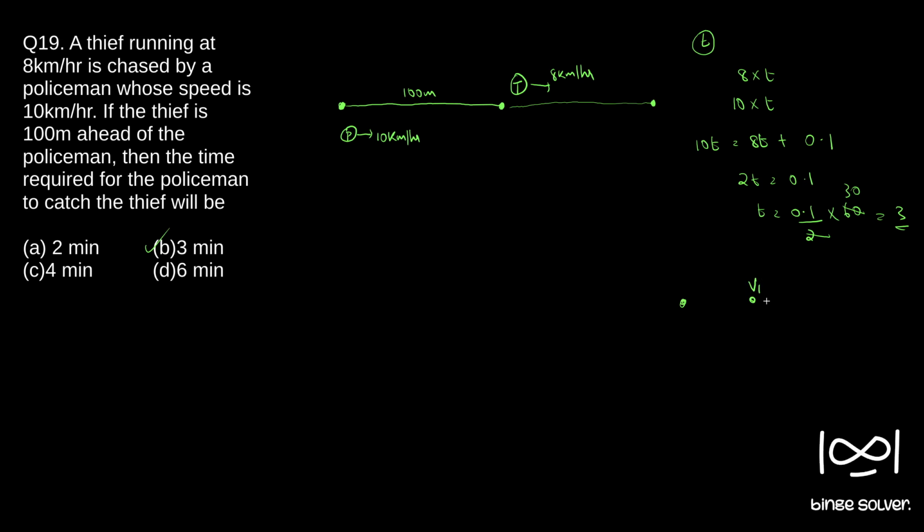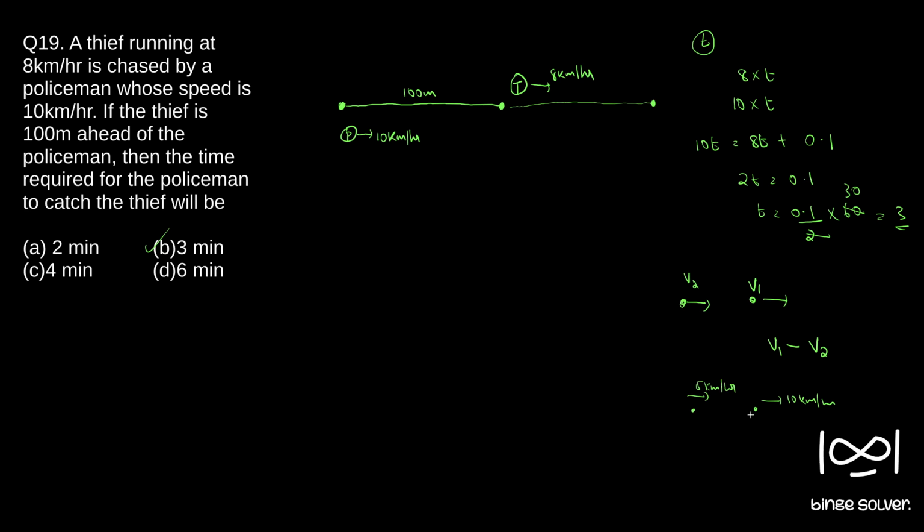Say v1 is the velocity of the first person and v2 is the velocity of the second person, and they are both running in the same direction. If v1 is greater than v2, the relative velocity is v1 minus v2. Why? I'll explain with an example. Say this person is running at 10 km per hour, and this person at 5 km per hour.